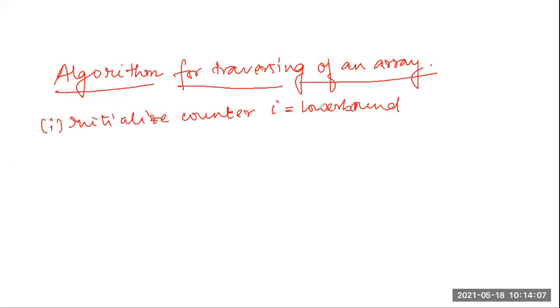The next step was our loop was running till I less than upper bound, right? So our for loop was running while I less than upper bound, right? For I equal to 0, I less than n.